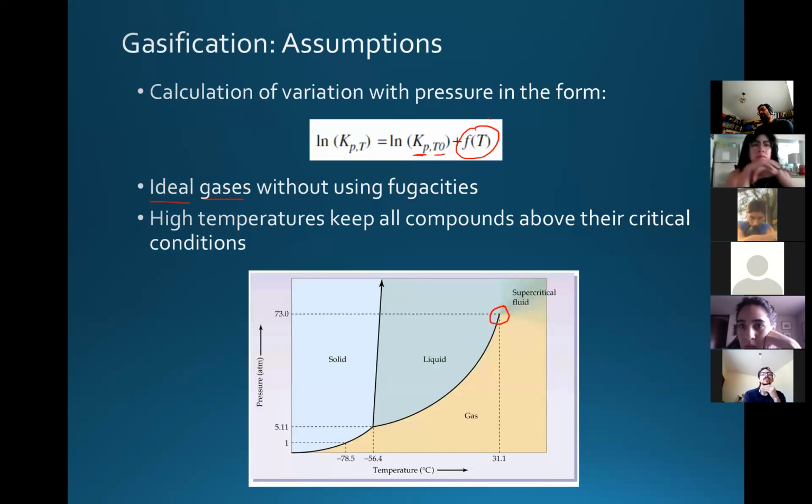And those fugacities change depending on the properties of the gas. You can model them through many different theories that pay attention to the size of the molecule, the polarity of the molecule, the interaction between atoms, and so on. But this particular model doesn't matter that much.